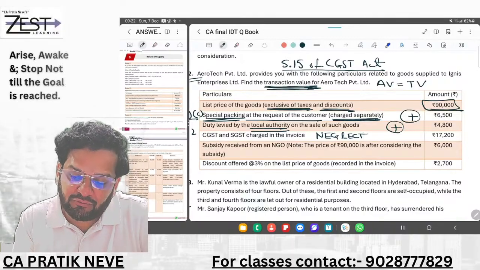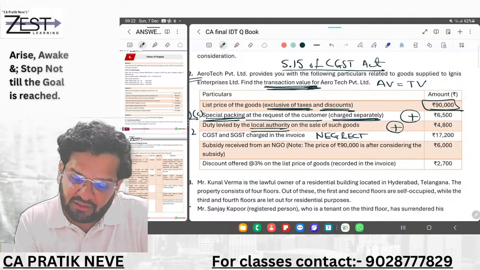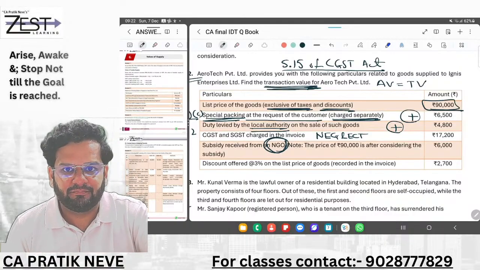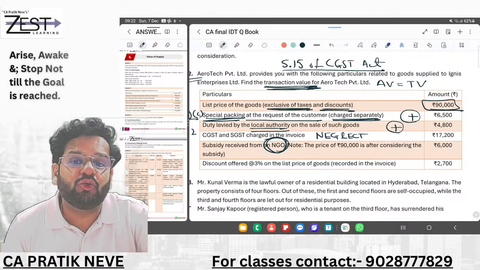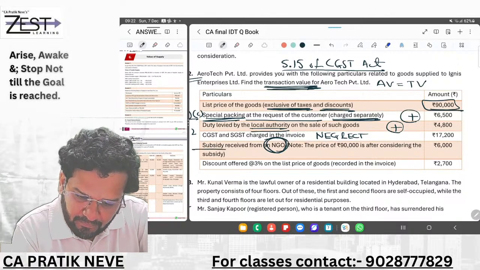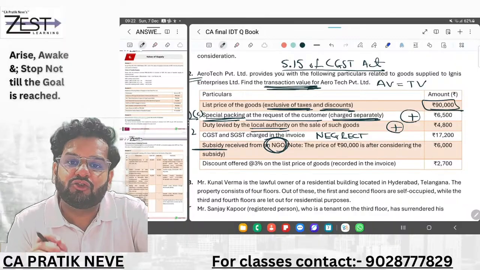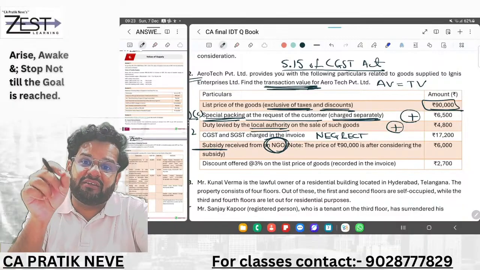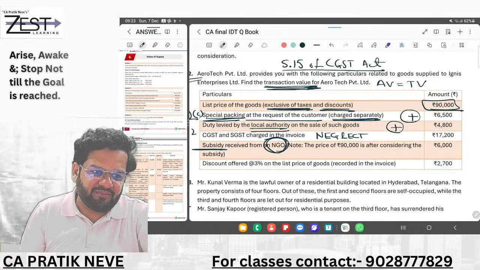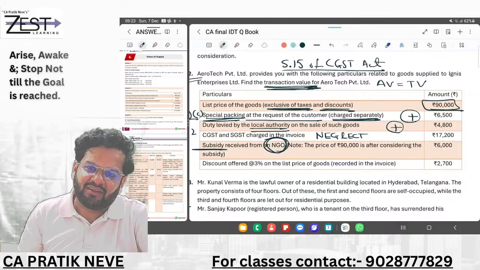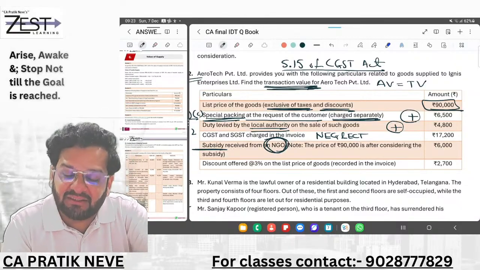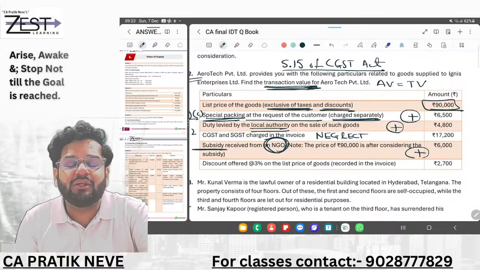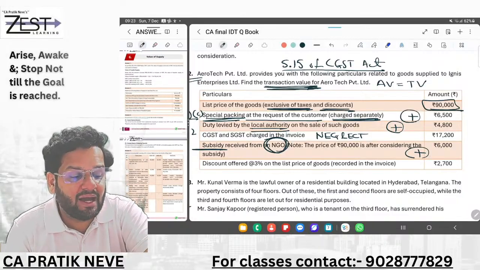Subsidy received from NGO. Okay, now what to do with this? So basically, as a thumb rule, understand, if there is CG or SG subsidy, you will neglect it. But if there's an NGO subsidy, means other than central or state government subsidy, you will include it. Why will you include it?